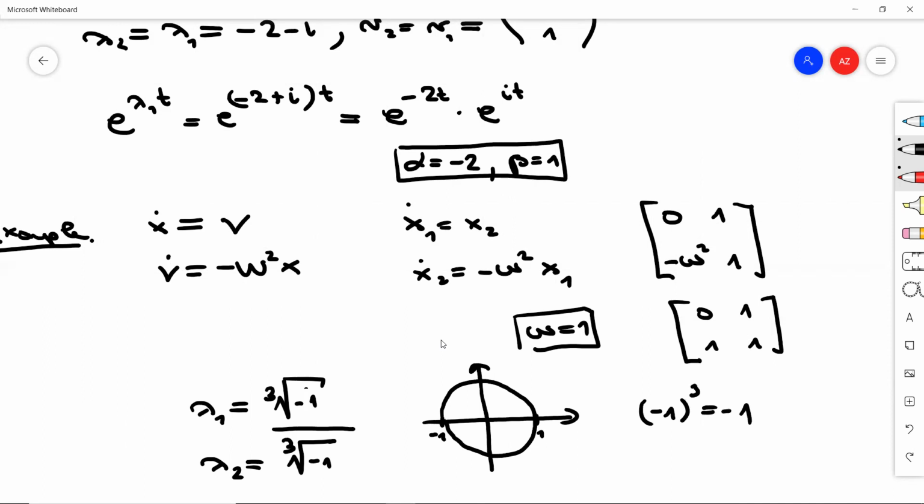But the other solutions are the other two vertices of the proper triangle. So it has to be 60 degrees, so that when I use the exponent 3, I get -1. So this is one solution and this is the other solution. So this is lambda 1 and then lambda 2.